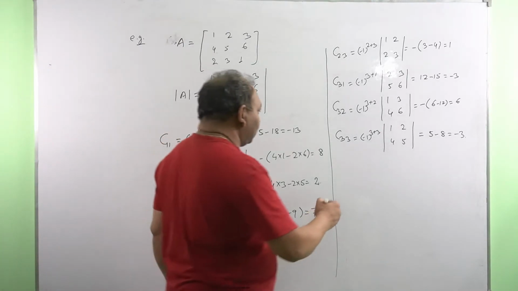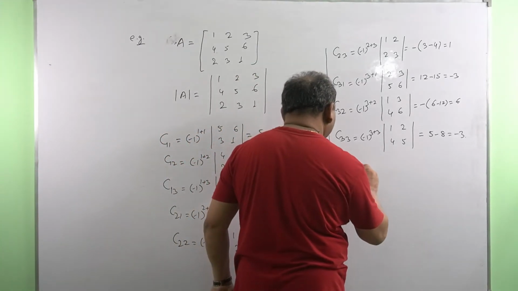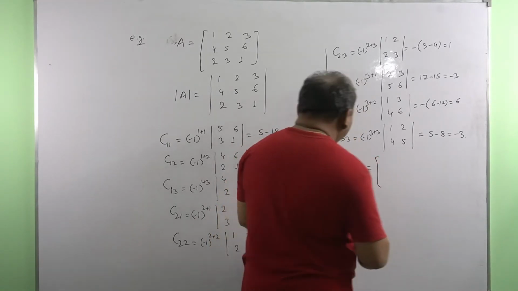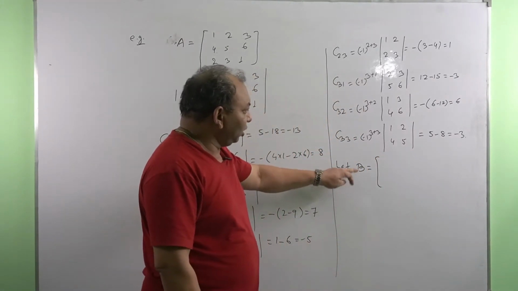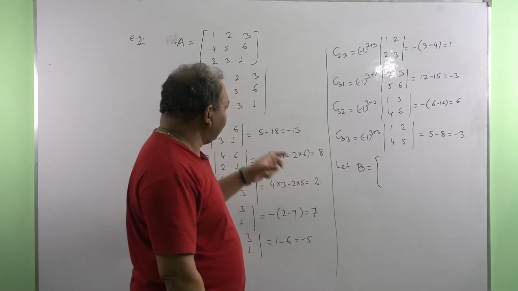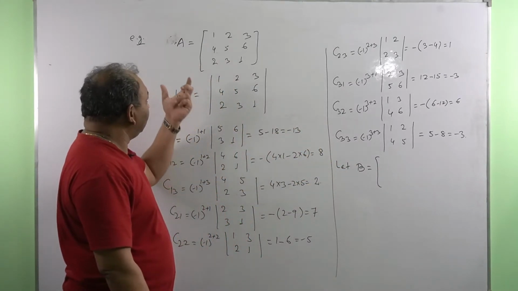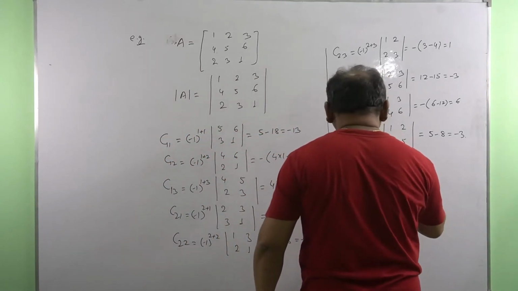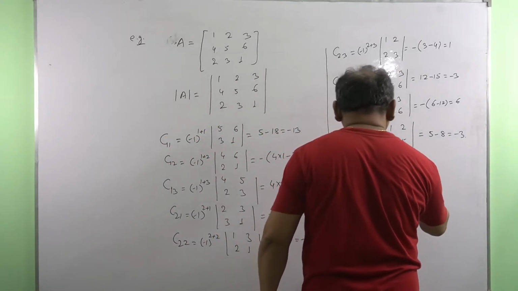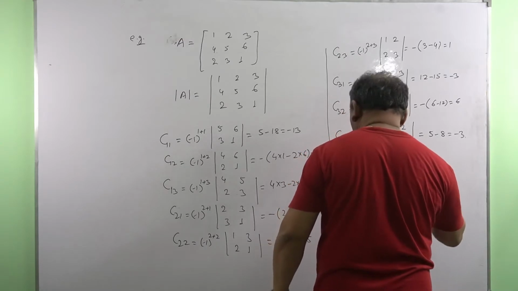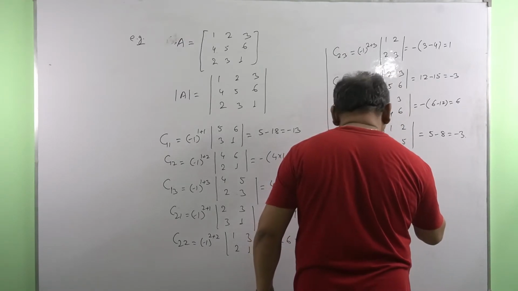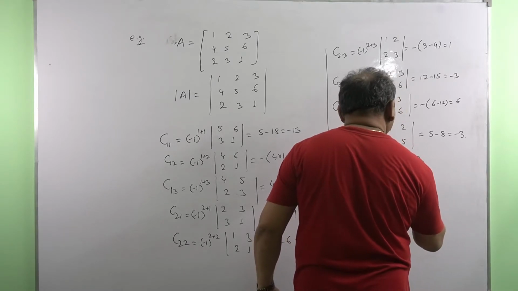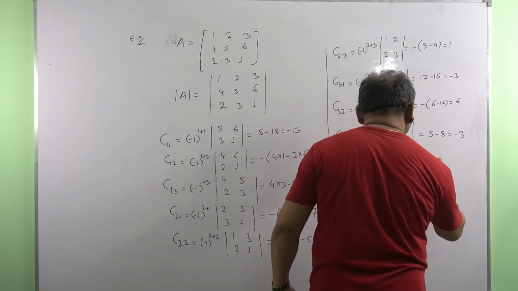Now let us suppose the matrix B, which is obtained by cofactor elements of the given matrix A. So matrix B will be minus 13, 8, 2, 7, minus 5, 1, minus 3, 6 and minus 3.